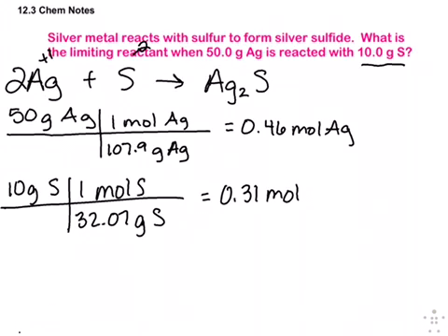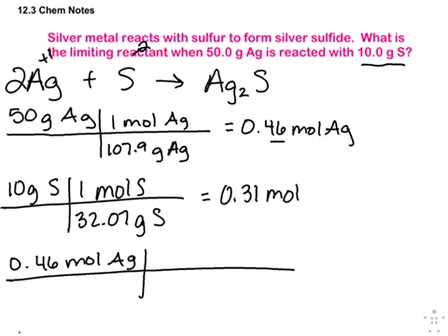And then, so that step, not too strenuous. This is the new step. You take the amount of the larger number here, so 0.46 moles of silver, and you use your mole ratio.